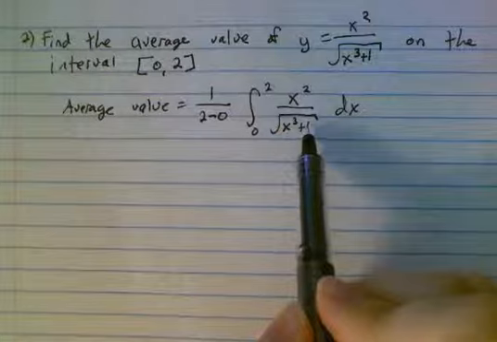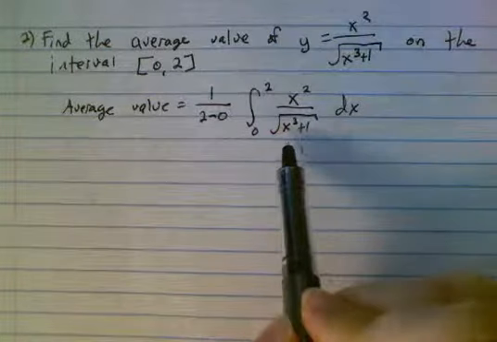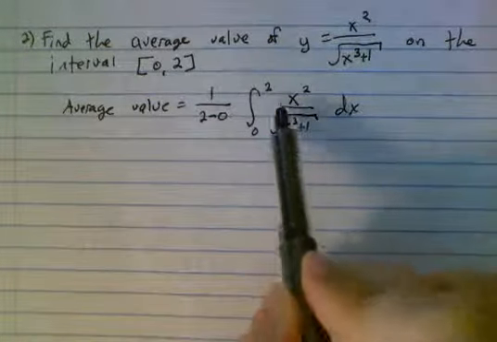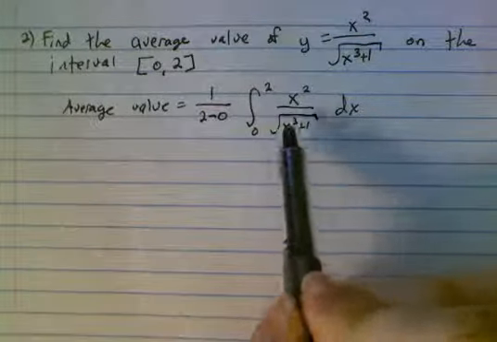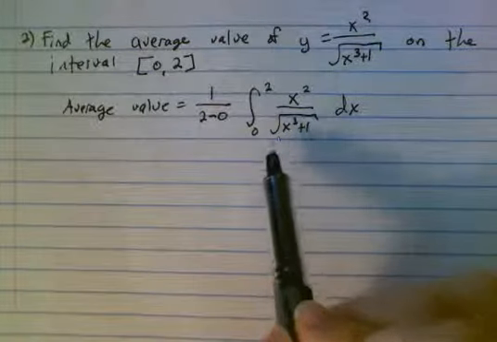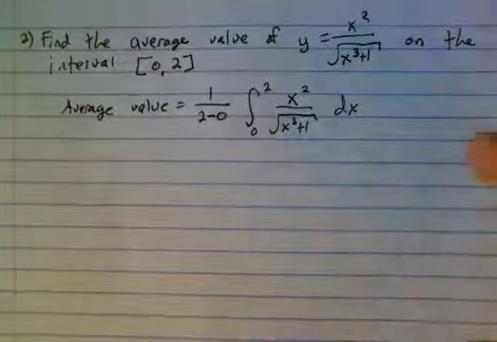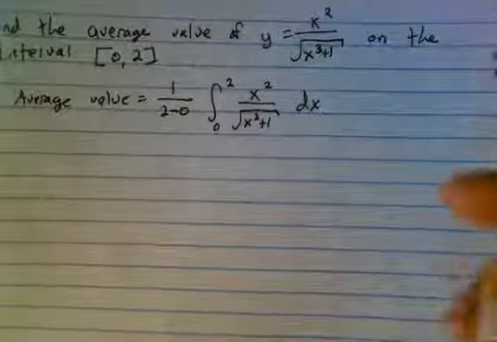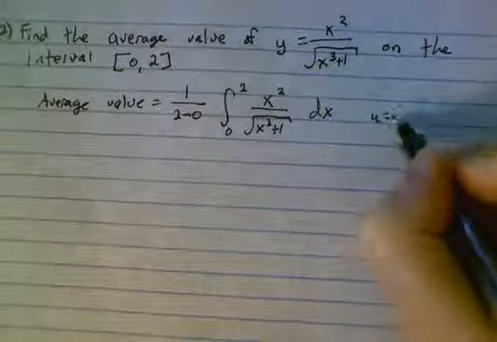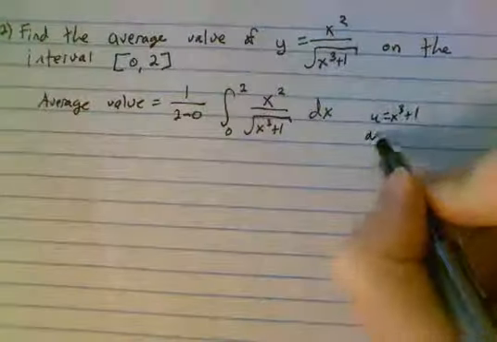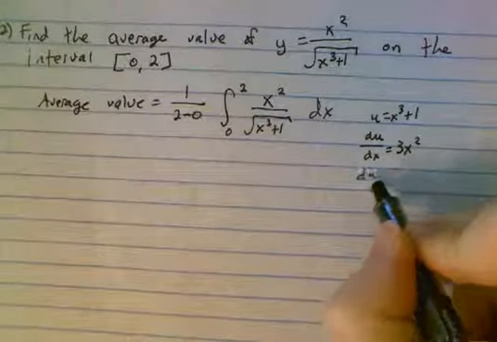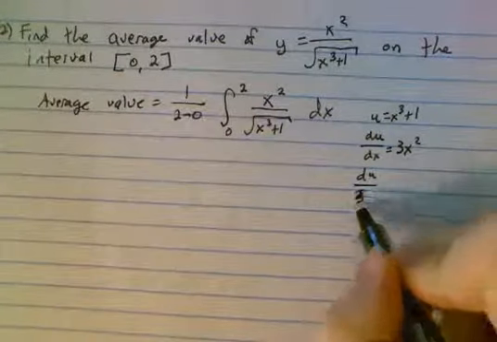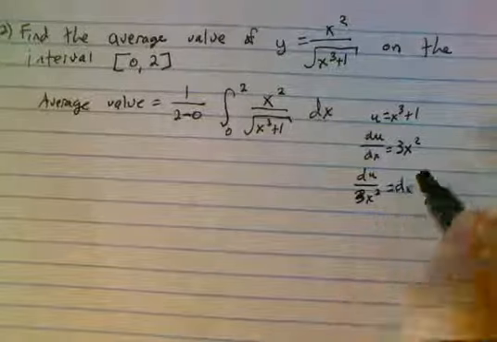Notice that we've got something here, x cubed plus 1, that if we take the derivative of it, is going to cancel out with this x squared right here. So that means we should let our x cubed plus 1 be equal to u. du/dx equals 3x squared, du over 3x squared equals dx.